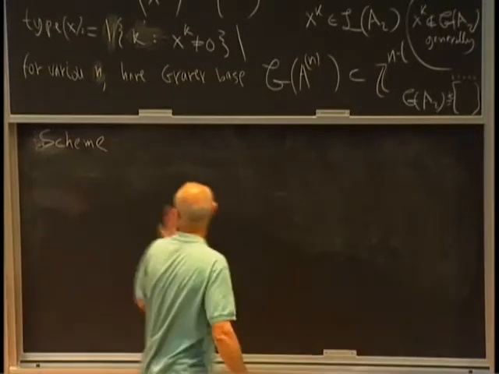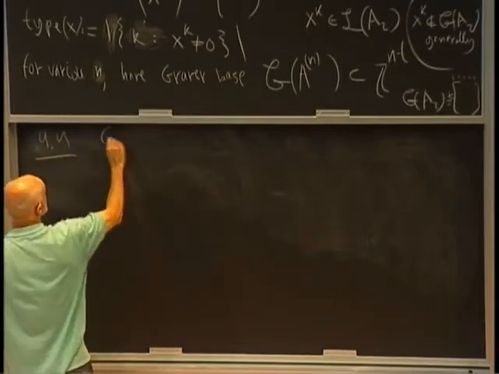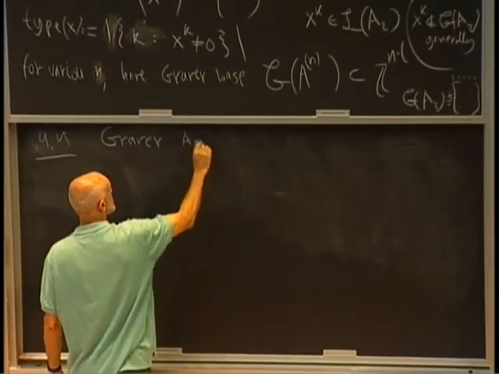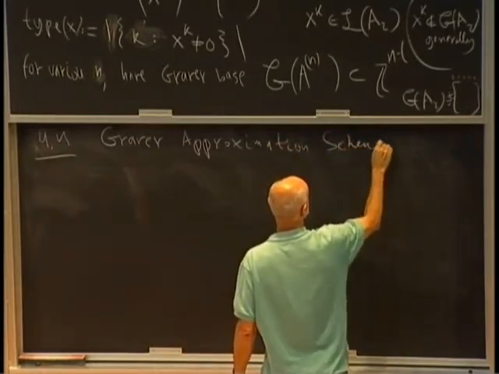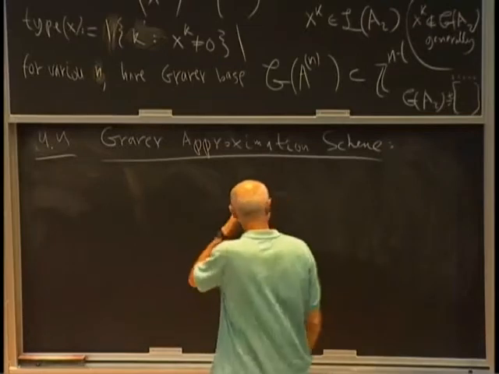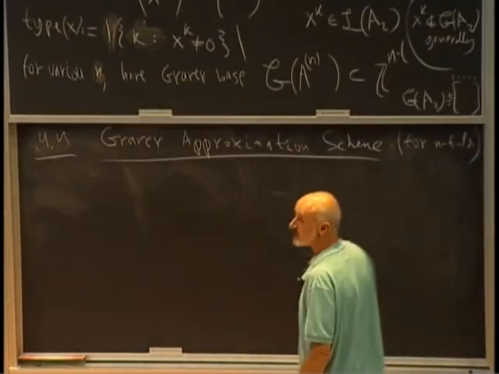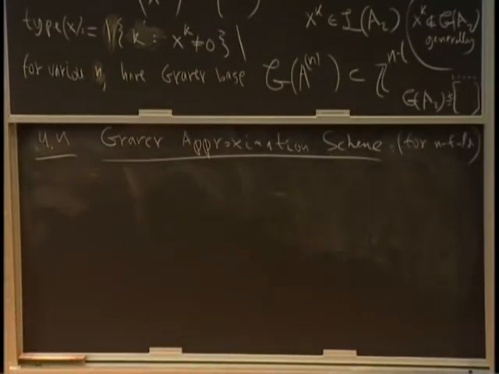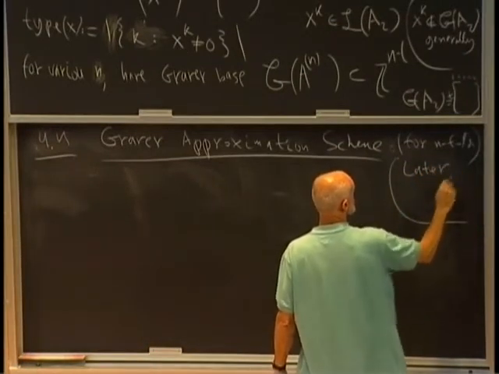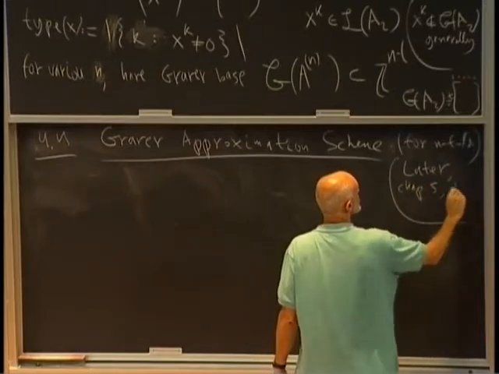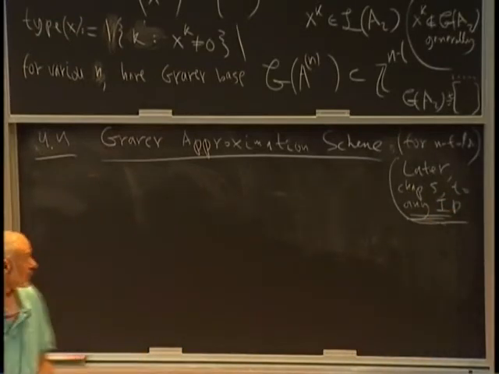And this time, for n-folds, and later we are going to generalize this to any integer program by the universality, chapter 5, to any IP. And the scheme is very simple now.